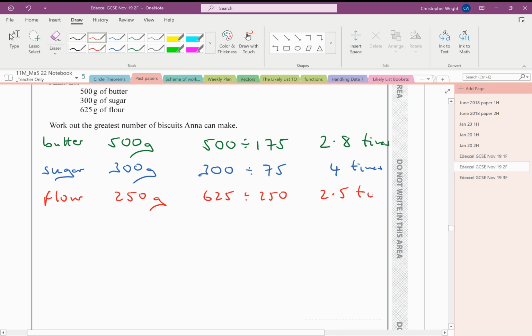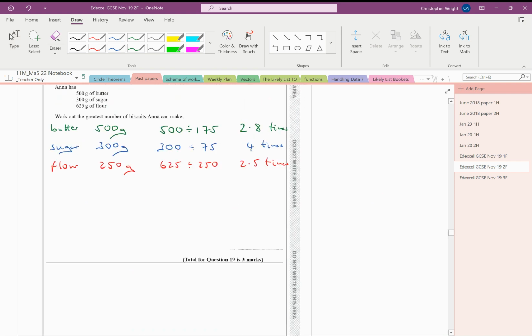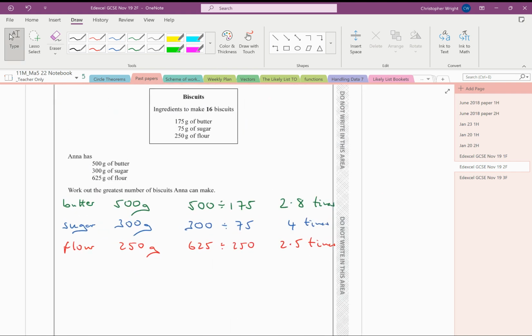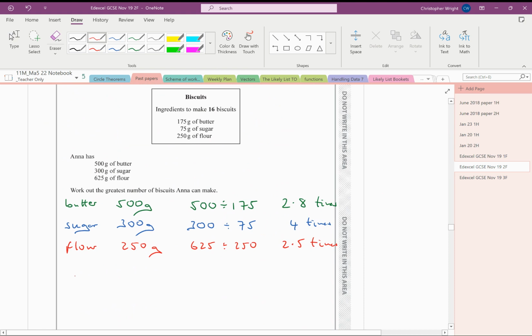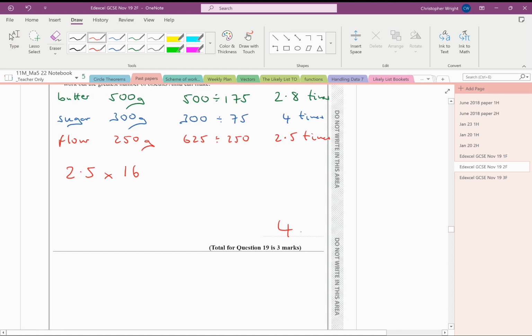So actually, it's the flour that's going to limit her, isn't it? And she can make the recipe 2.5 times. So that means that she can make 2.5 times 16 biscuits. She can make 16 biscuits 2.5 times, or she can do the recipe 2.5 times. So that means that she can make 40 biscuits.